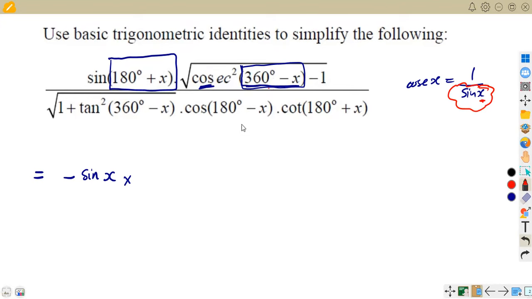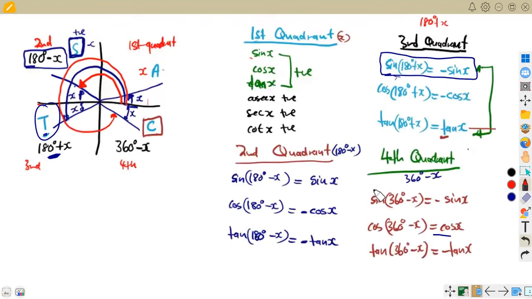All right, so let us get to our quadrants. In 360 minus x, in the fourth quadrant, sine there is a negative. So like I was saying before, everything that is affected to sine x is also affected in terms of the sine. Sine is affected to cosec. So even if we are given the cosec of 360 degrees minus x, we are going to have our answer as a negative in this case, because sine there is a negative.